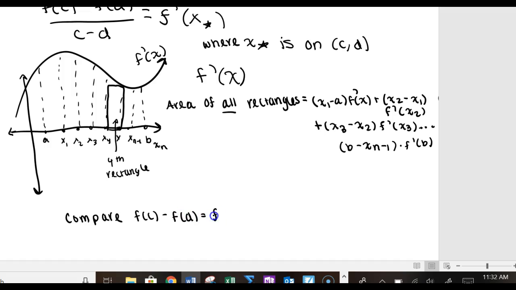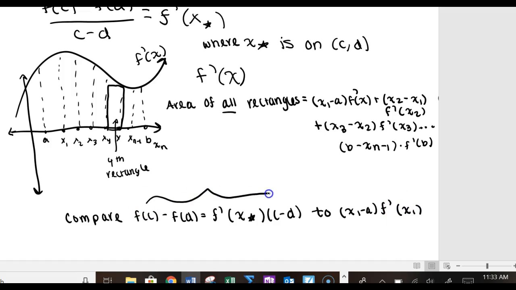This is just the mean value theorem, right? And here in the mean value theorem, this input here is some x value between c and d. Here, this x value is an x value between a and x1. You understand what I'm saying?